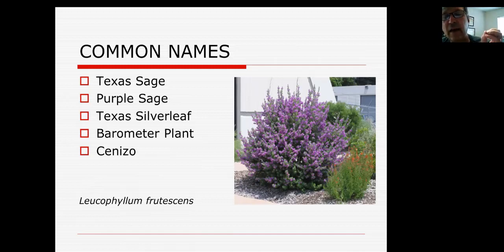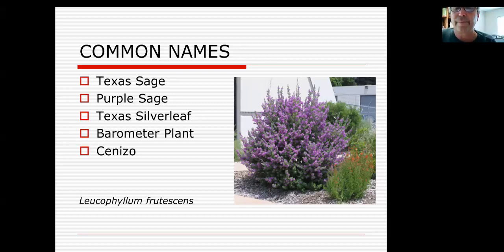And the species, I forgot to say this earlier, always starts with a small lowercase letter. So that's how you can tell the difference between a genus and a species when you see them together. And the other thing is they either need to be italicized or underlined so people know that that is the scientific name. So that's an example of common names.